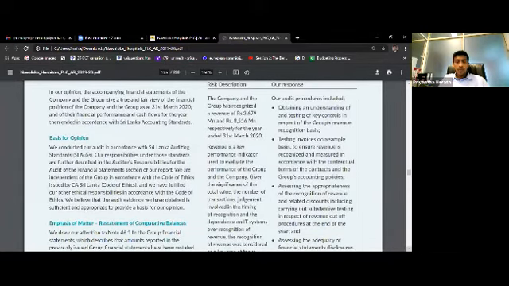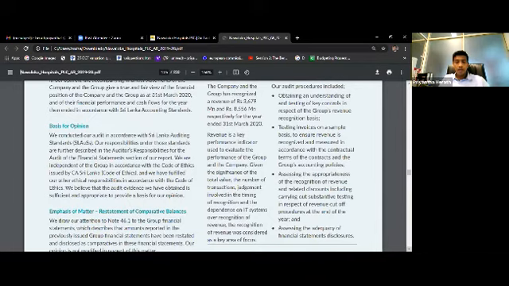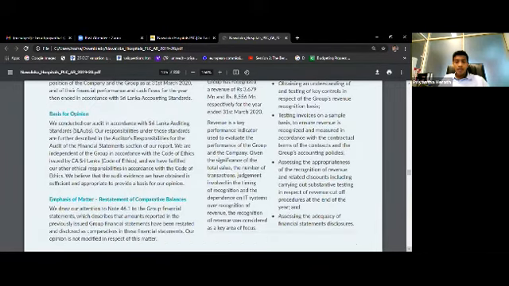Given the significance of the total value, the number of transactions, judgment involved in the timing of recognition and dependence on IT system over the recognition of revenue, the recognition of revenue was considered a key area of focus. So when they do the audit, they look at how you recognize revenue as a material or important event, right?